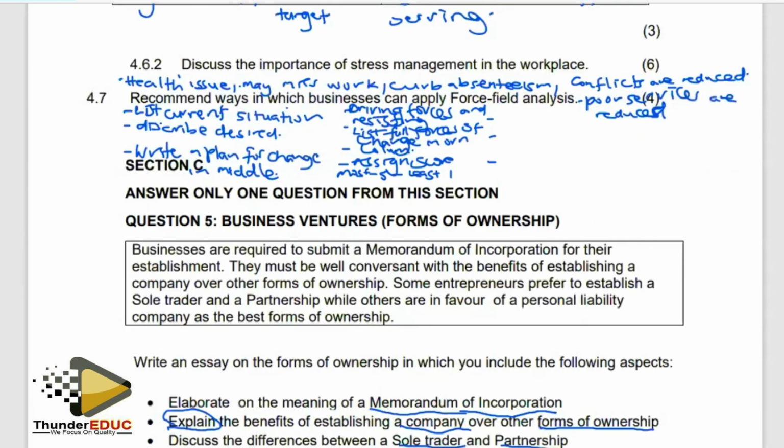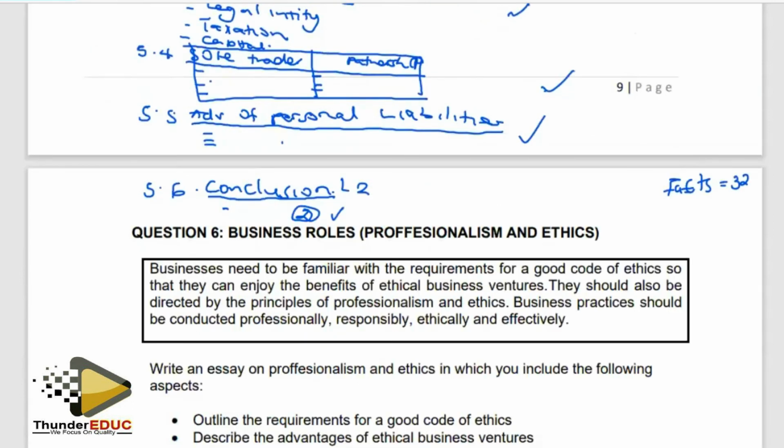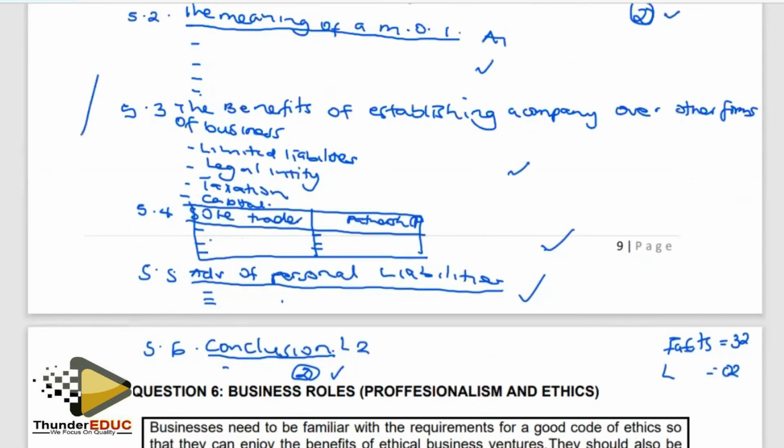Look, after that, you are blessed with the 3 marks of the layout. It's called the layout. Let me erase this. Look at this. You're supposed to write the layout, which is an L, representing plus, which is supposed to be 2 marks. Where did we get the layout? Layout is the arrangement of work, how you plan to do your work.